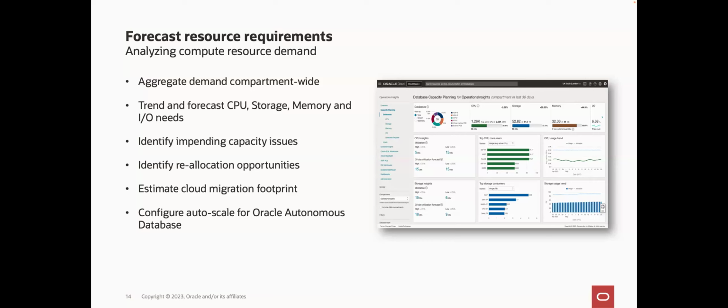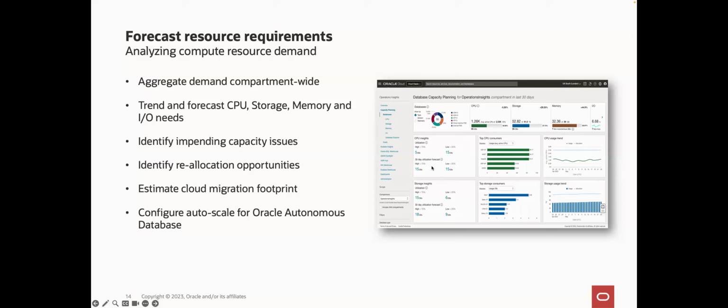So right now you're in the capacity planning app, looking at the database angle from a capacity perspective. You also look at the aggregate view of the CPU usage, how much is the capacity and how much you have used over time. You can also look at similar insights from a storage perspective, memory, and I/O.